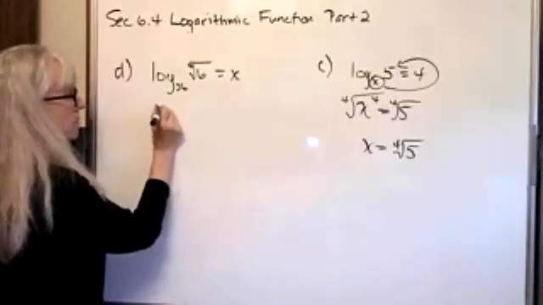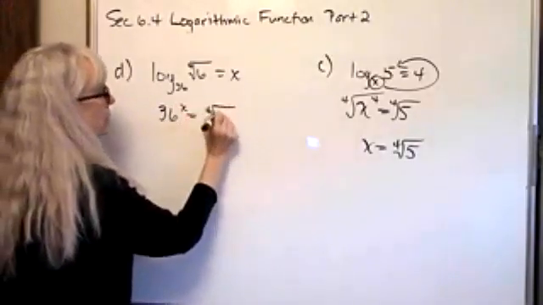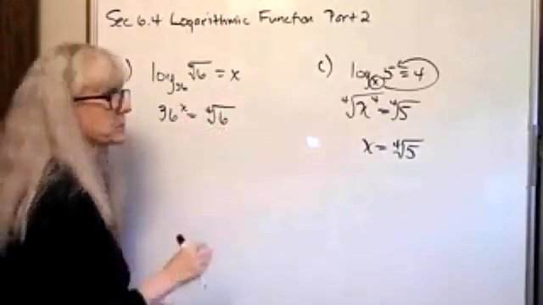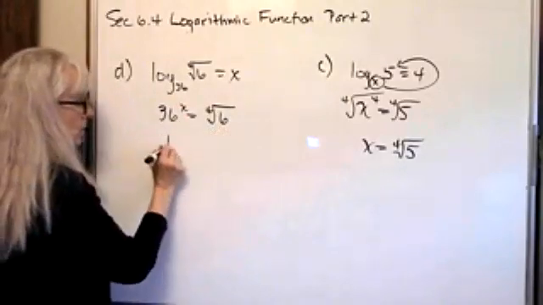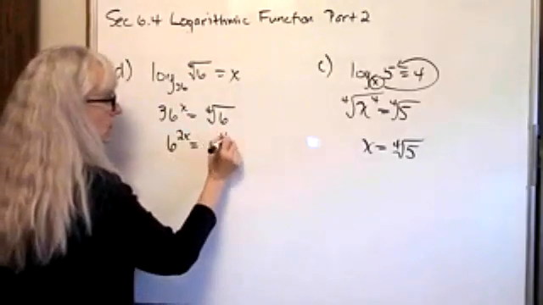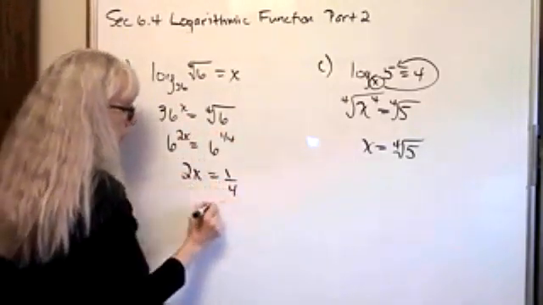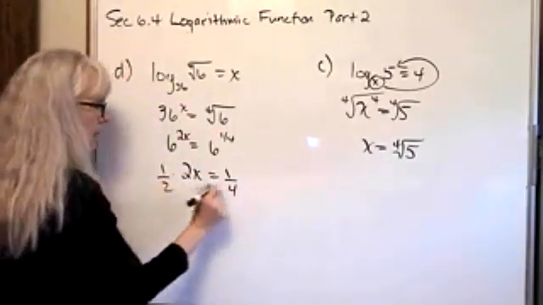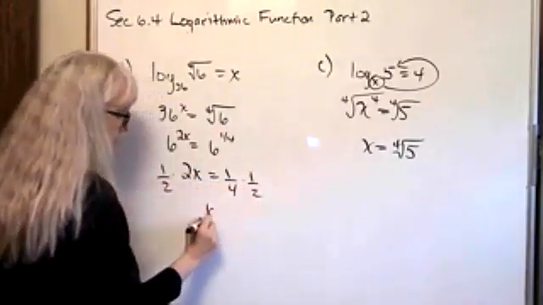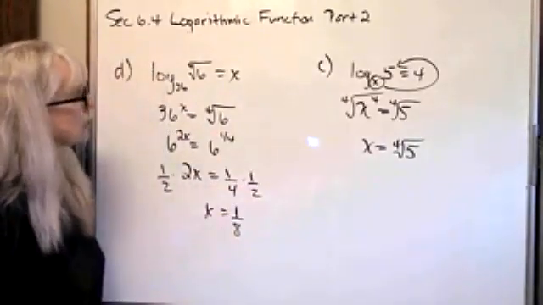So this would be the base of 36 raised to the x is equal to the 4th root of 6. And now we're going to manipulate a little bit on both sides. So 36 is 6 squared. So this becomes 6 to the 2x. This side becomes 6 to the 1/4. So we'll have 2x is equal to 1/4. So we're going to multiply both sides by 1/2. And we get that 2 out of there, and we get x is equal to 1/8. There it is. X is equal to 1/8.